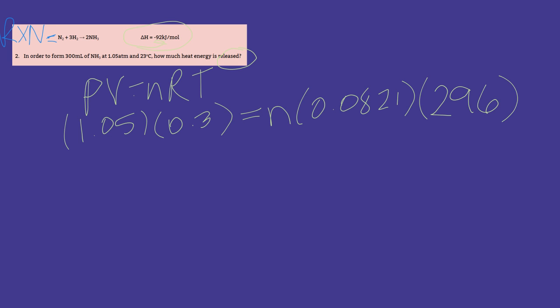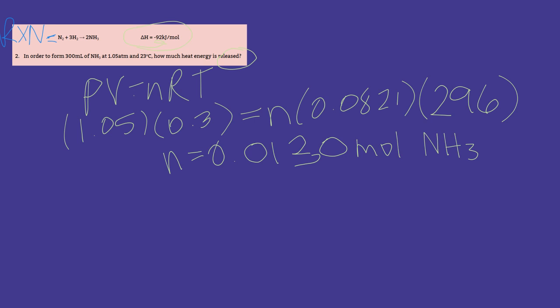And so we'll put this into the calculator, 1.5 times 0.3 divided by parentheses 0.0821 times 296, close parentheses, and we get N equals 0.0185. Actually, it's going to be 0.019 when we round. Moles, and this is moles of NH3.